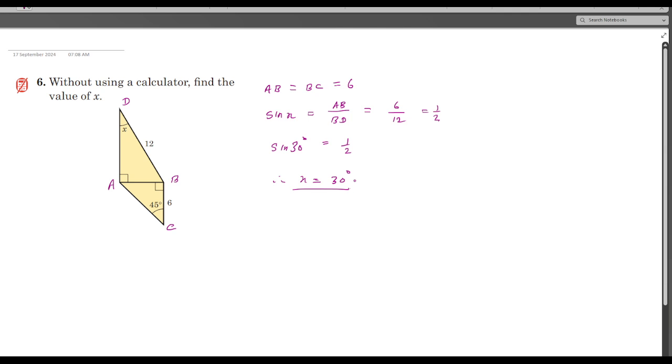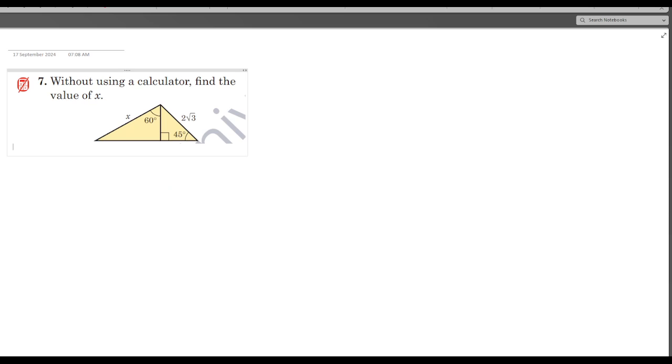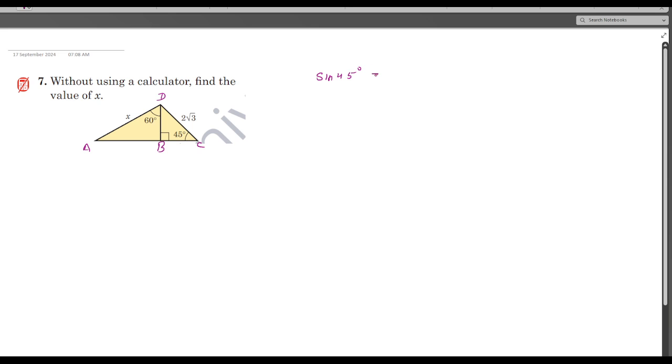This problem is also without using a calculator. Now here also you should not use a calculator, you have to find x. So from here what we will do, let us rename all the vertices. Okay, and then we can say that sine 45 degrees will be equal to BD divided by CD.